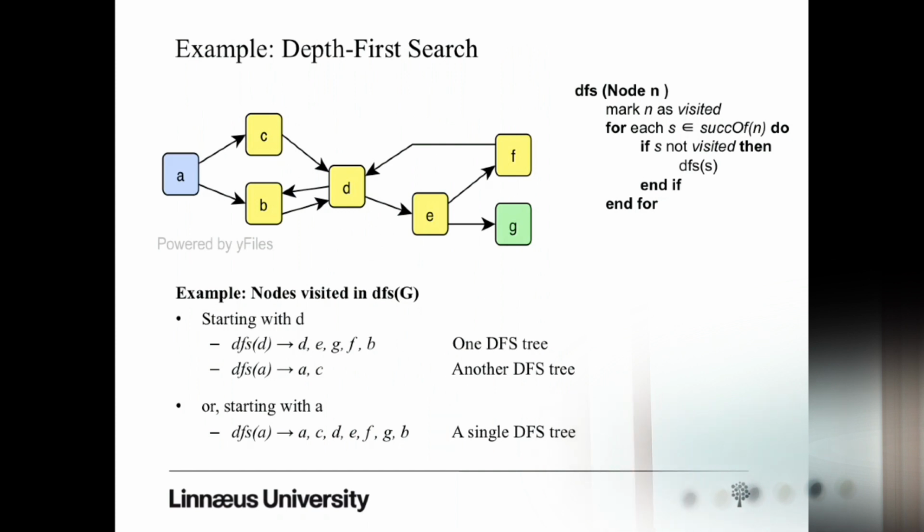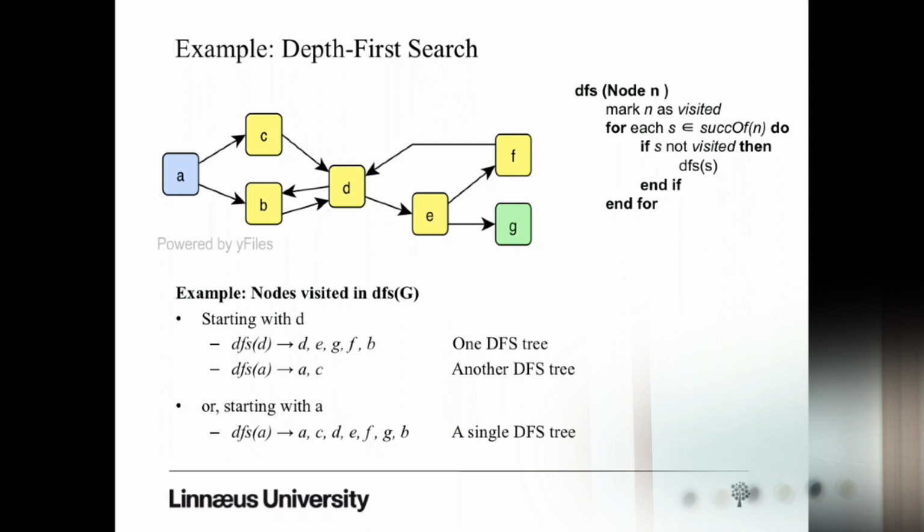So here we have this depth first search algorithm, and say our starting node n is node A. The algorithm says mark n as visited, and then for each s that belongs to the successors of n.